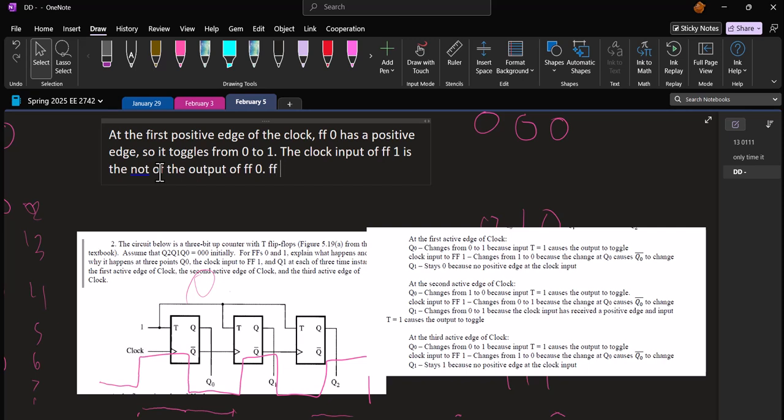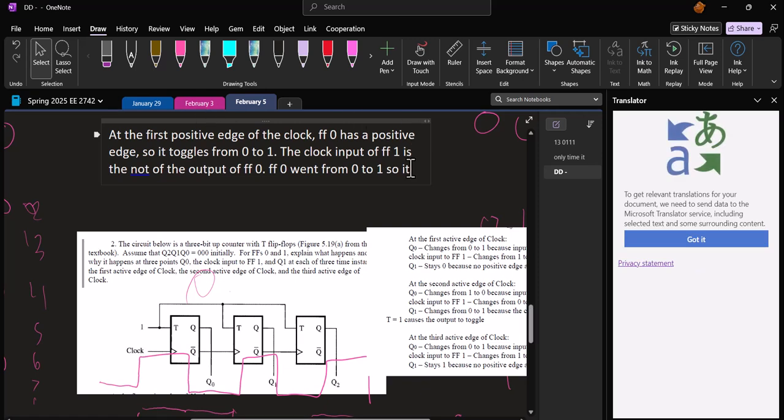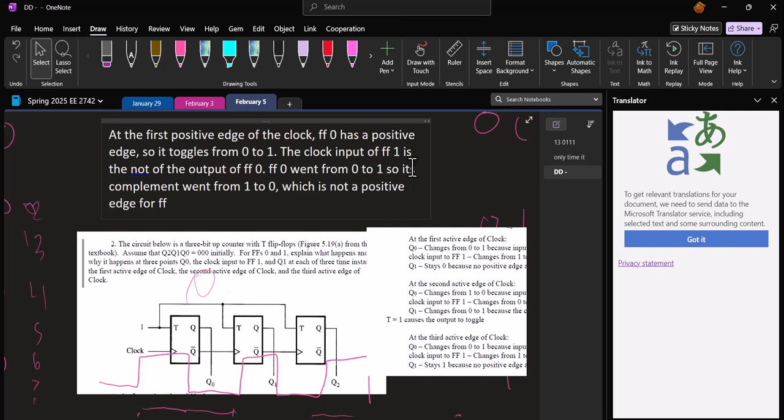Flip-flop 0 went from 0 to 1, so its complement went from 1 to 0, which is not a positive edge for flip-flop 1.